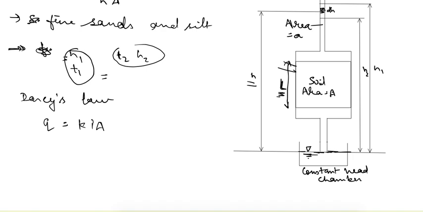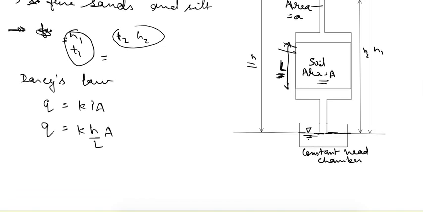So we are measuring the two ends of the soil sample, so this length will be the length of the soil sample. So here we can write it as K into I, we can write as H by L into the area of cross section of the soil sample.